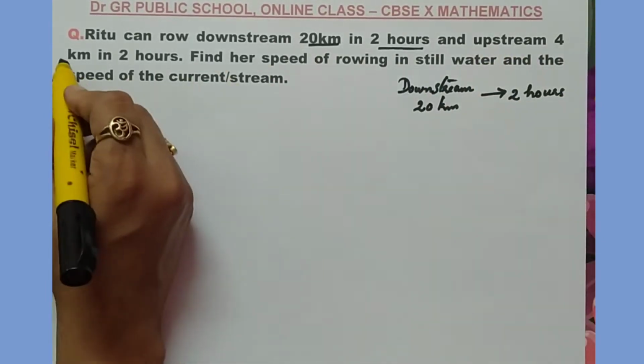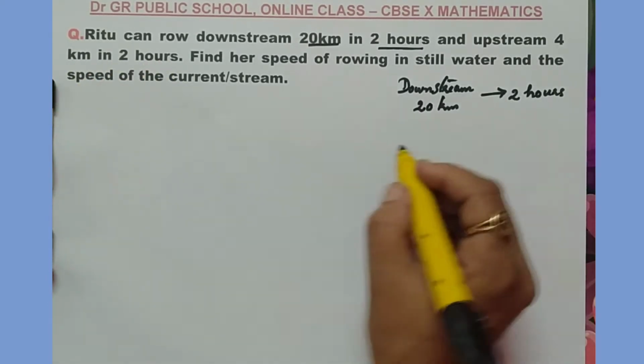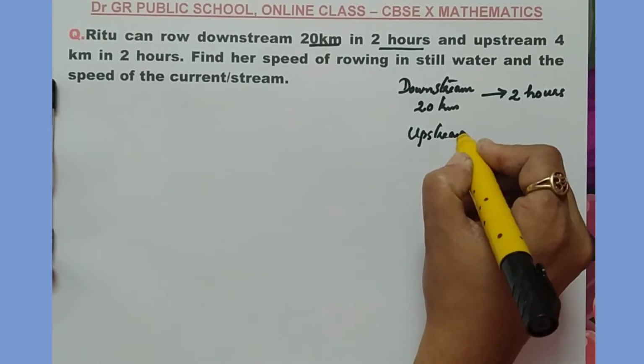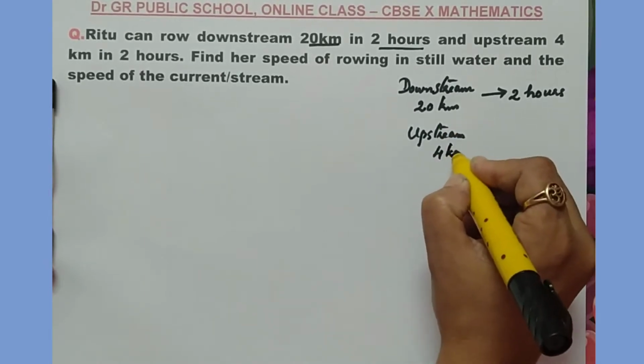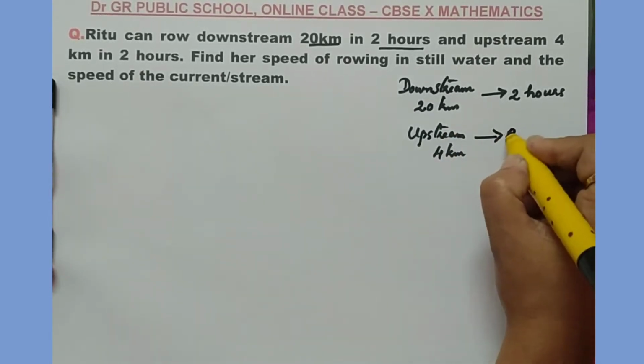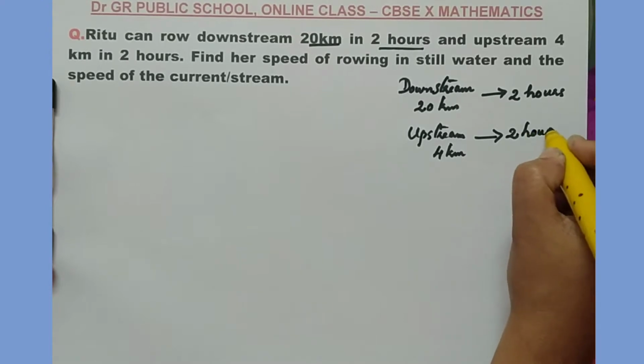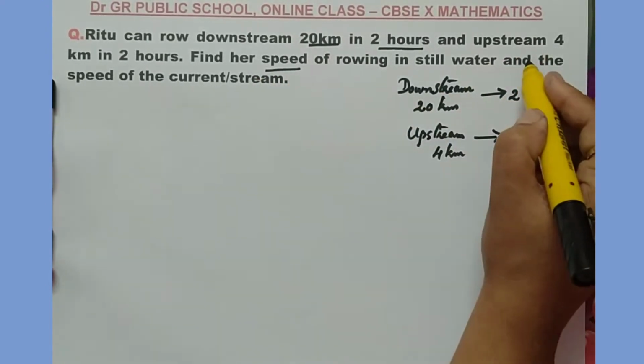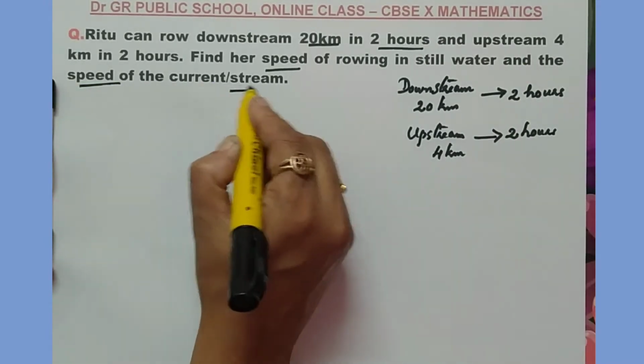And upstream 4 kilometers also in 2 hours. So, she rows upstream 4 kilometers, that also in 2 hours. Find her speed and the speed of the current or stream.